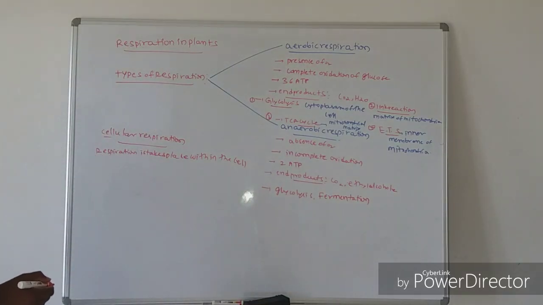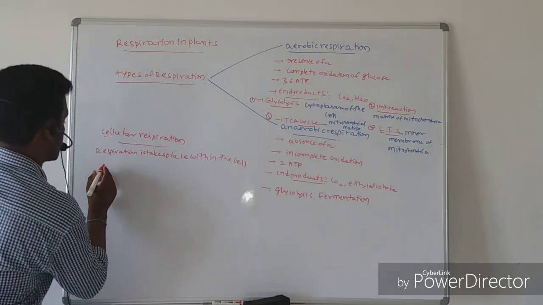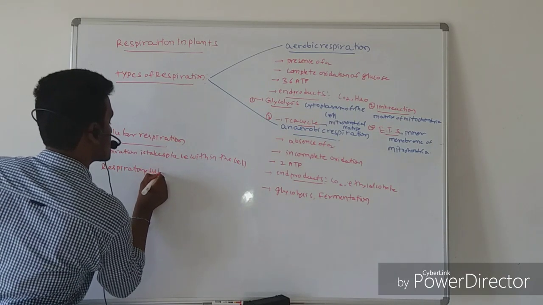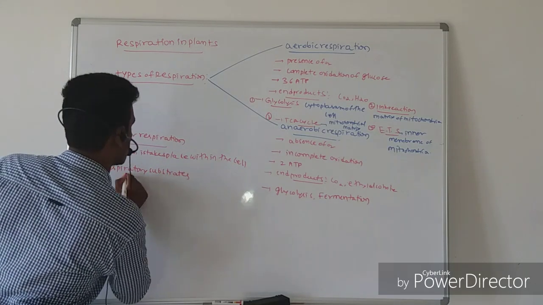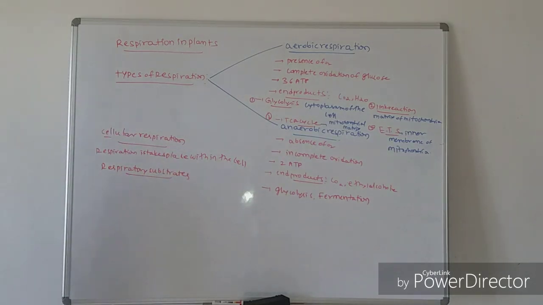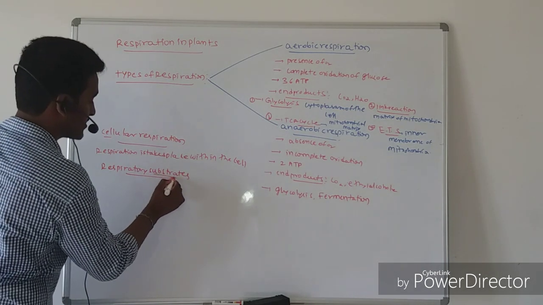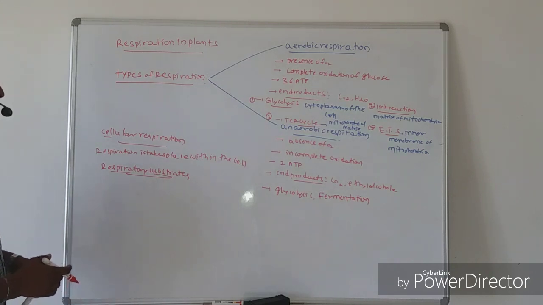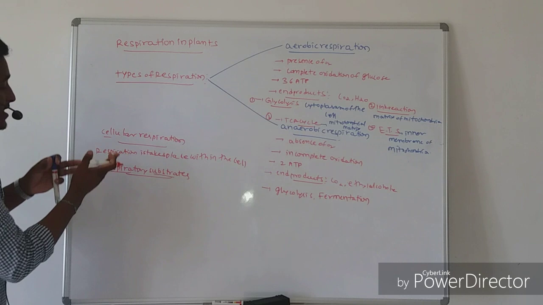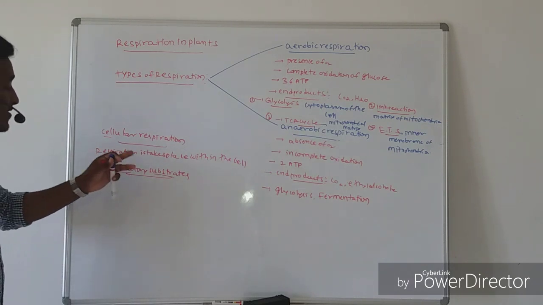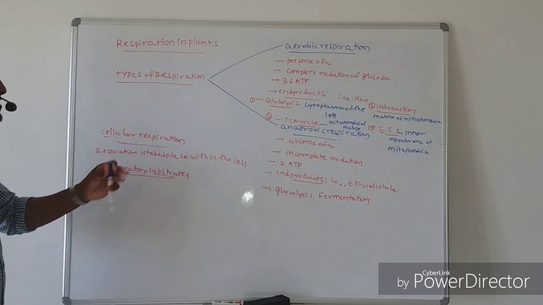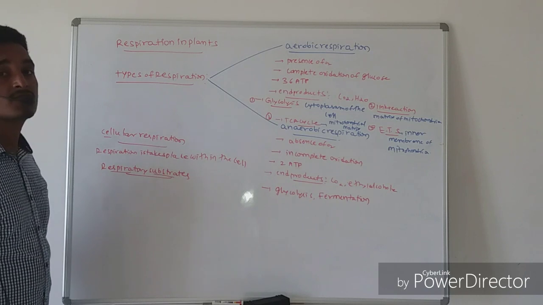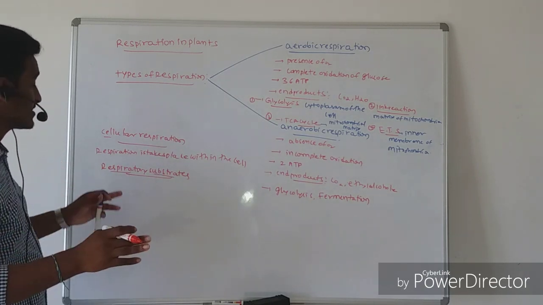Now, what about respiratory substrates? A respiratory substrate is a substrate that participates in the respiration process. Whatever compounds participate in the respiration or oxidation process are called respiratory substrates. For example, at the end of photosynthesis we get glucose, which is a respiratory substrate.